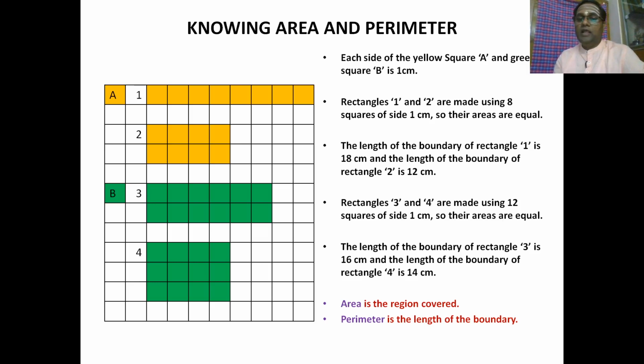Now let us know what is perimeter. Perimeter is nothing but the length of the boundary. In rectangle 1, you can see the boundary starts.